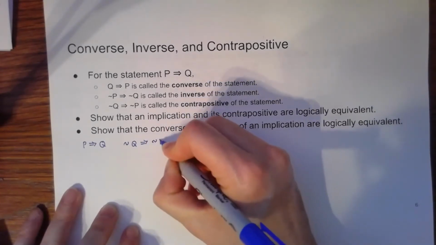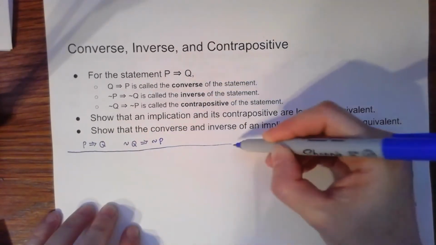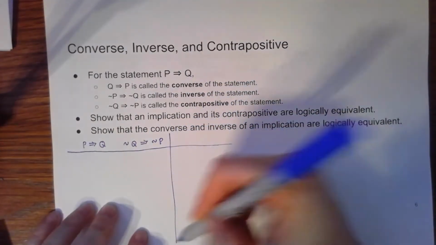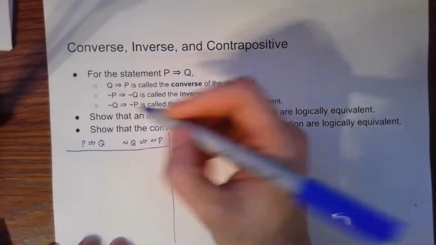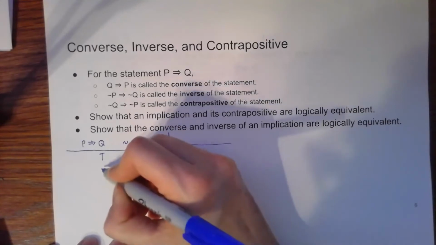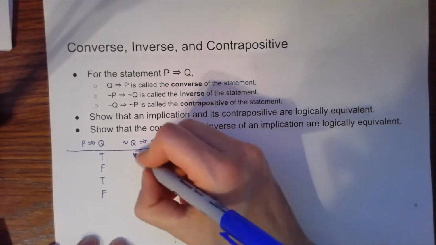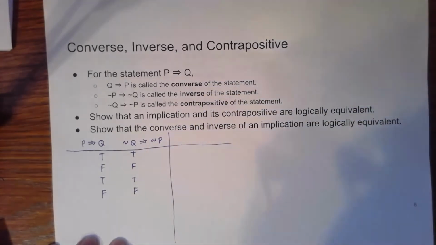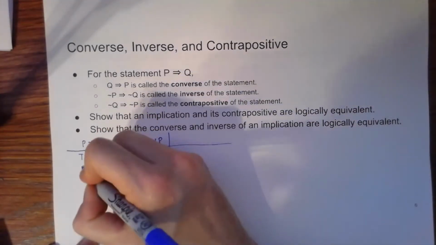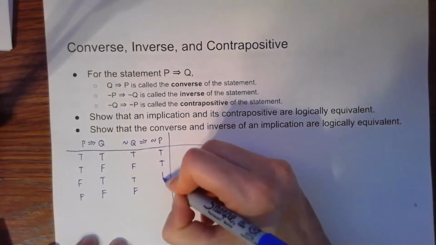implies not P. All right, so let's do truth tables for those statements and convince ourselves that they are logically equivalent. For the Q's, we're going to do true, false, true, false. And for the P's, we're going to do true, true, false, false.